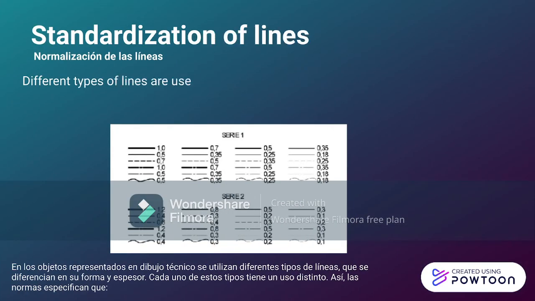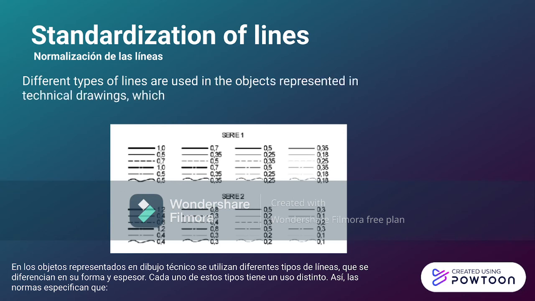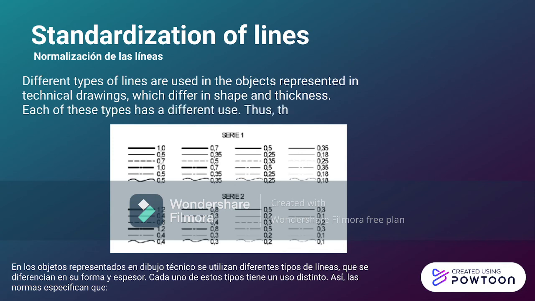Standardization of lines. Different types of lines are used in the objects represented in technical drawings, which differ in shape and thickness. Each of these types has a different use.